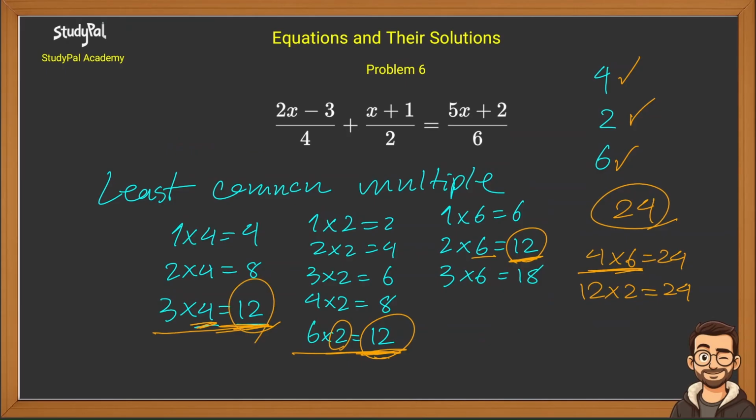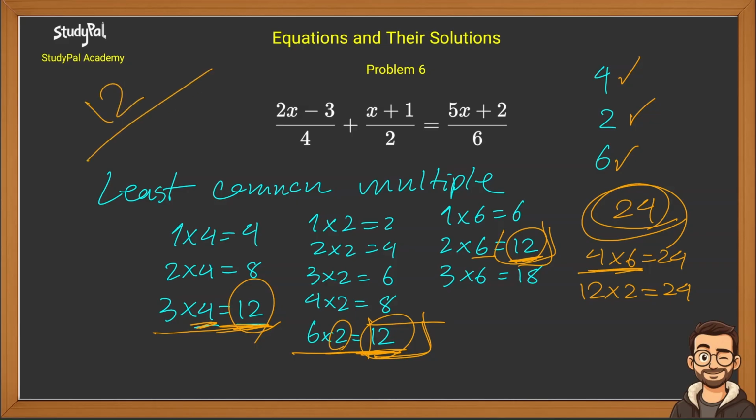We're going to use this number, 12, the least common multiple, but is it okay if we use 24 instead of 12? Yes, it is okay, but you make the problem harder for you to solve. It's okay if you end up with the right answer, but it is easier to work with the least common multiple of the integers.